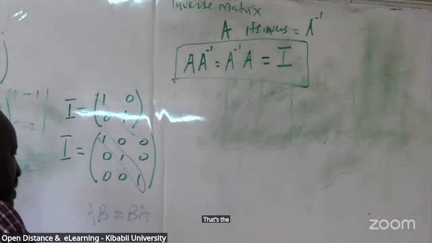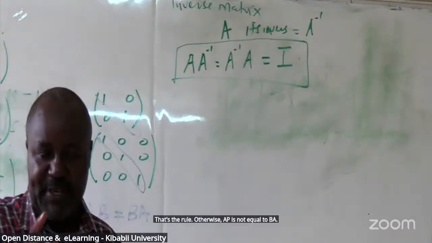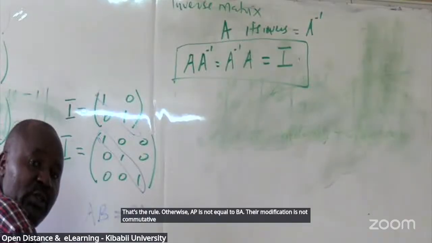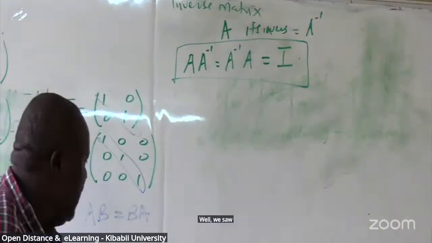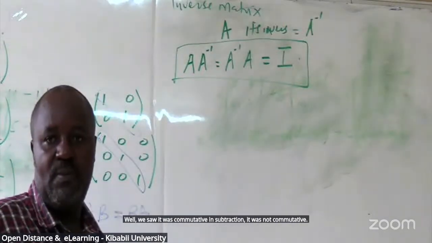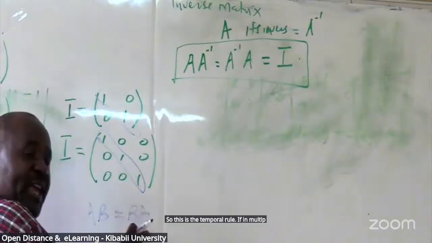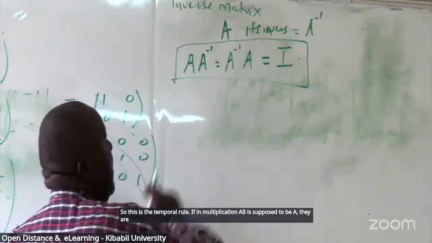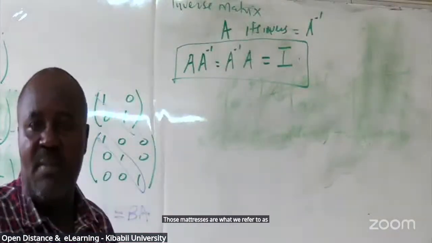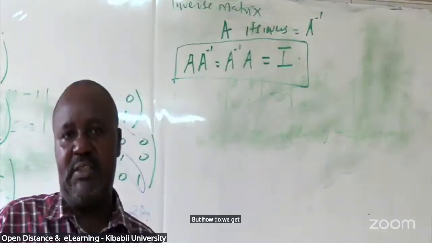Otherwise, AB is not equal to BA. The multiplication is not commutative, unlike in addition, where we saw it was commutative. In subtraction, it was not commutative. So this is the thumb rule. If in multiplication AB is equal to BA, they are commutative, then those matrices are what we refer to as the inverse matrices.